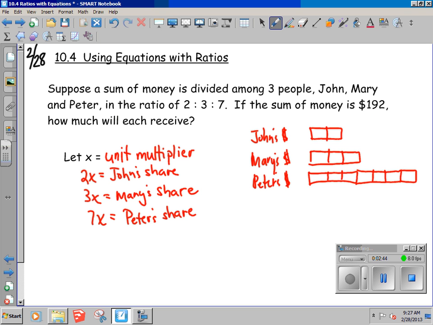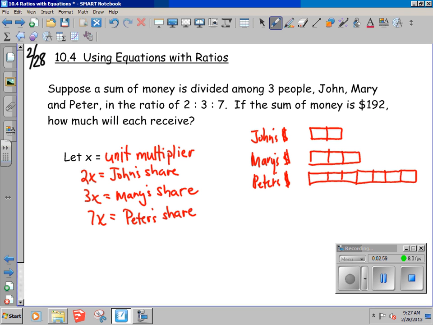Now, when we wrote let statements in the past, you guys are starting to get good at that. You don't need to put let in front of each of these. Some of you do that. You just need to put it once: let x equal the unit multiplier, the value of each unit, and then the expressions for the other people we write a let statement for.